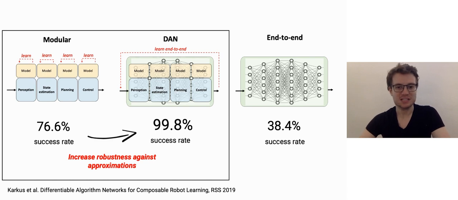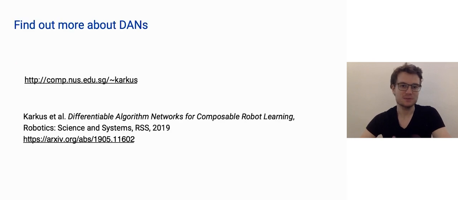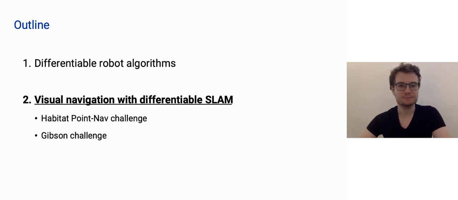We found that such task-oriented learning can compensate even strong approximations in various interesting ways. If you want to find out more about DANs or these results, you can visit my website or check out the paper below.